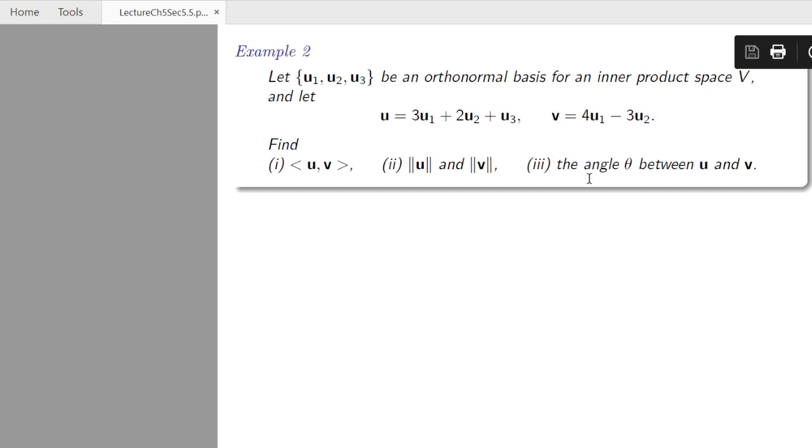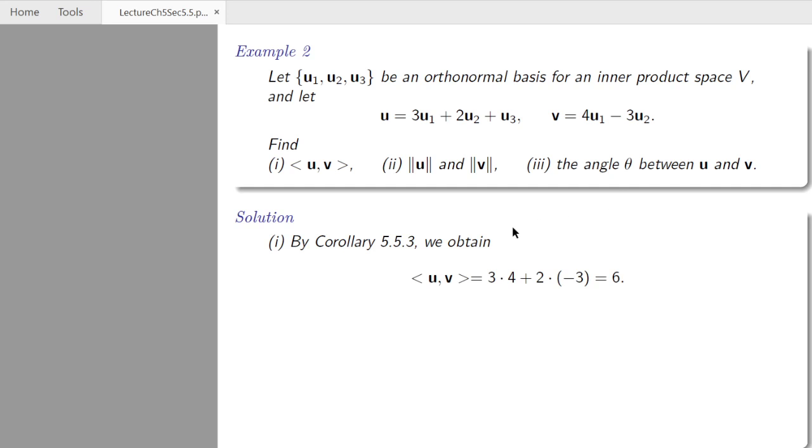Then we want to find the angle between u and v. To evaluate the inner product between u and v, we can use corollary 5.5.3, or we just take a look at these two vectors.